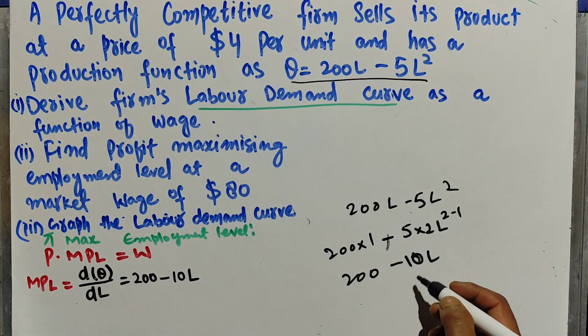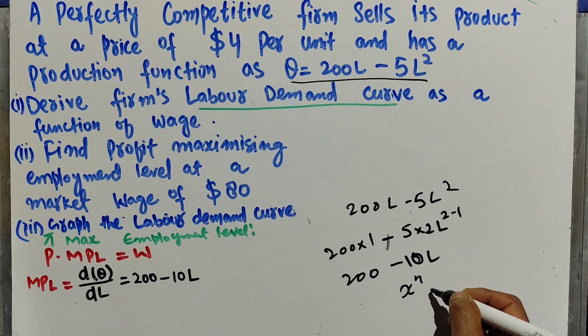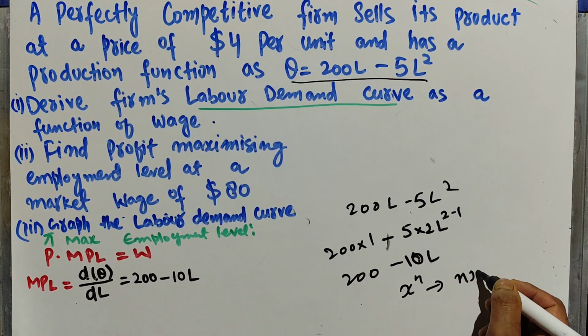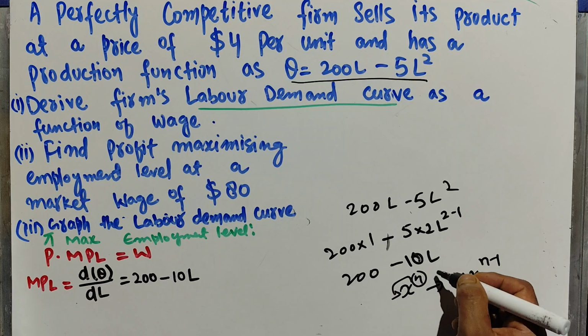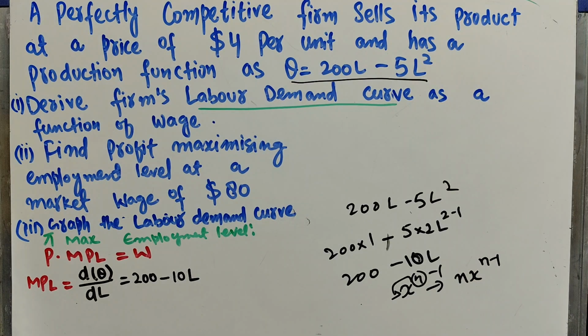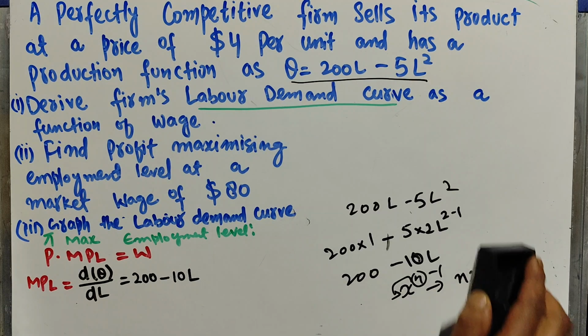We are applying the power function rule, which says that if we have x to the power n, its derivative is n times x to the power n minus 1. The exponent becomes the coefficient, and the exponent is reduced by 1.